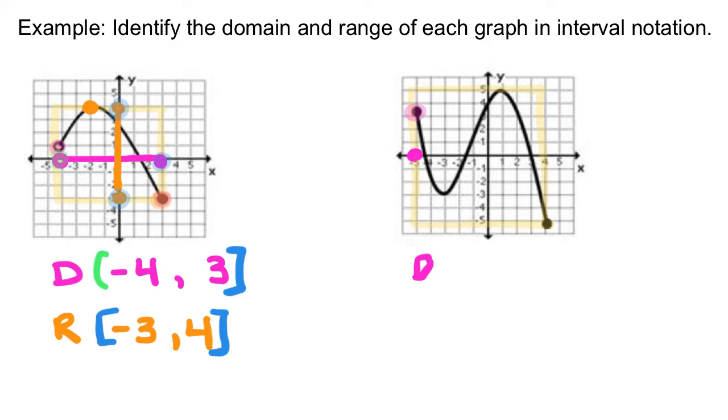And then the farthest to the right it goes is represented by this closed circle here. So I can put a point at this 4. So my domain goes between these two numbers. So the key numbers I have are -5 and 4. And since they both have closed circles, I would put a bracket around both sides of the graph.